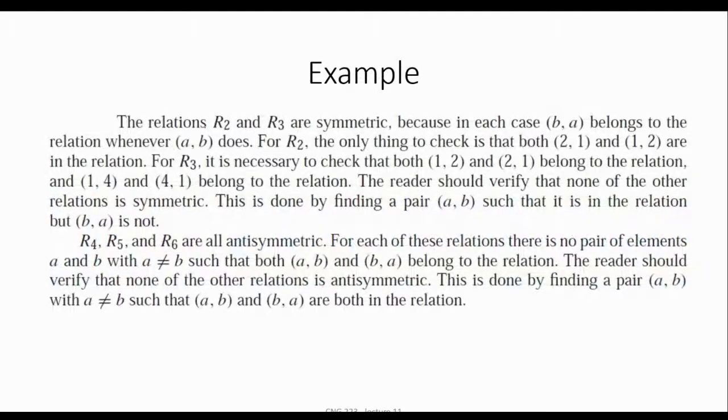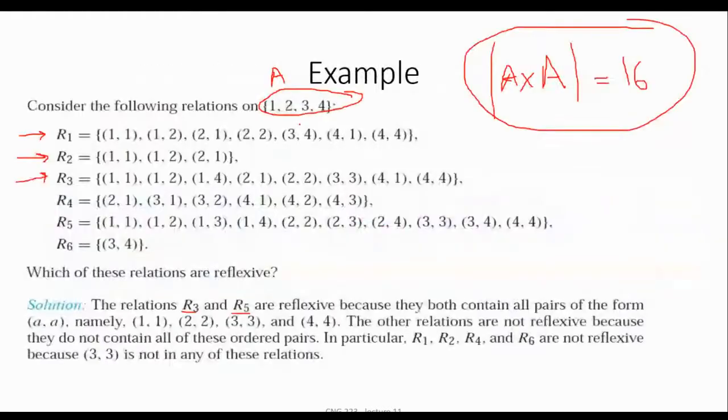Now, the relations R2 and R3 are symmetric. Let's see why. R2 is symmetric because whenever you see, for example, one element here, you should find its counterpart as well. For example, you have (a, a) or (1, 1). For sure, you will have (1, 1) again, and for a set we don't repeat it.